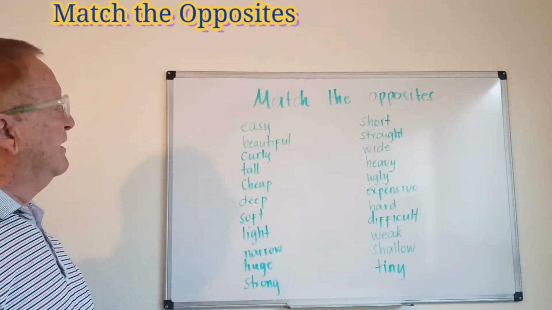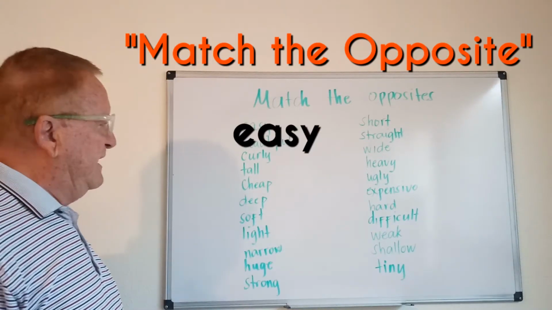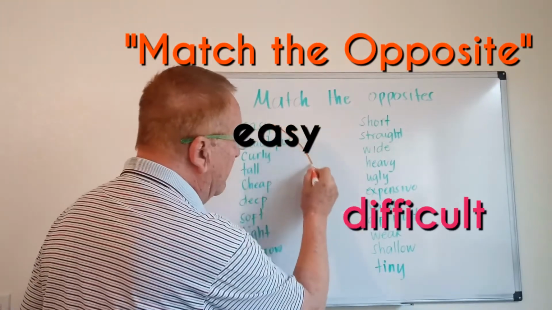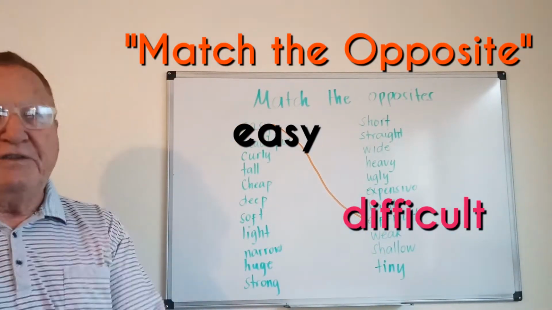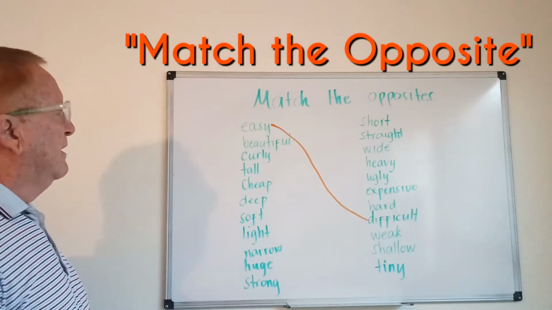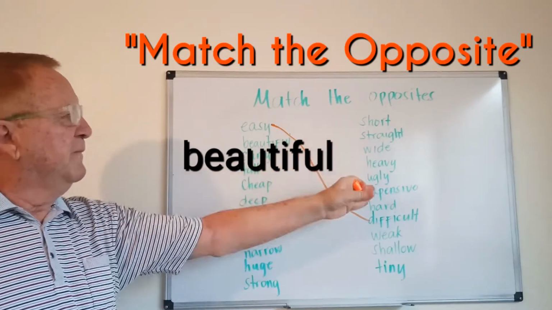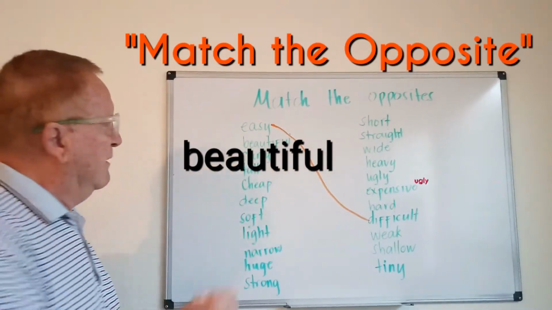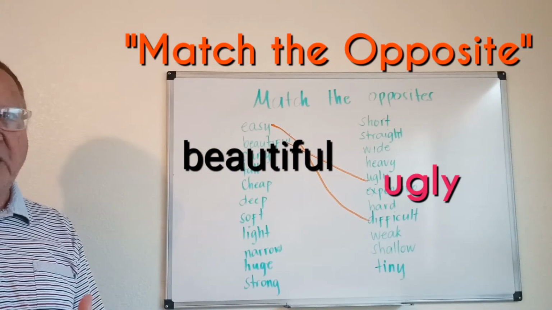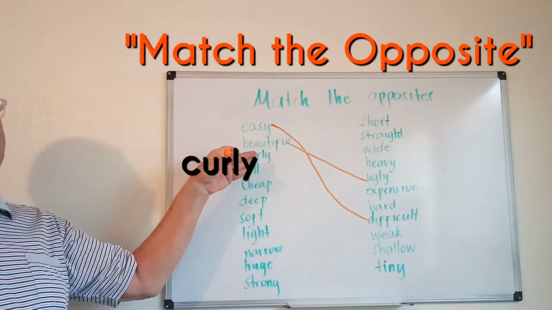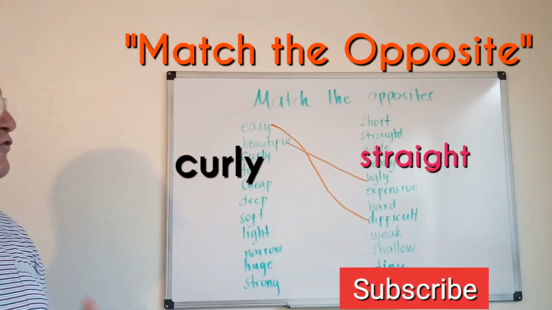Okay, here we go. First one is easy. So what is an opposite of easy? It's going to be difficult. Easy, difficult, opposites. Beautiful, an opposite over here in this column. Beautiful would be ugly. Beautiful to its opposite, ugly. Curly, an opposite over here from curly. Curly would be straight.